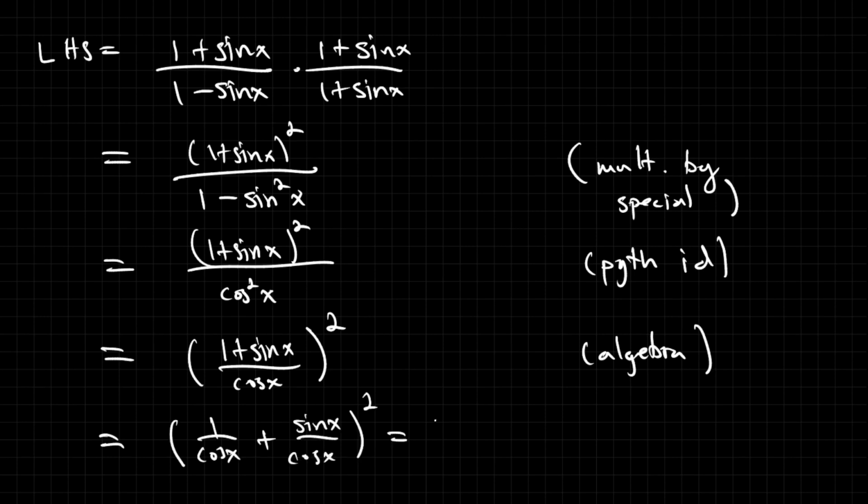And what is this? This is nothing more than (sec x + tan x) squared. That is the right-hand side. So a couple different ways to go about this problem. I wouldn't say that one is more correct than the other. You're just taking two different routes.